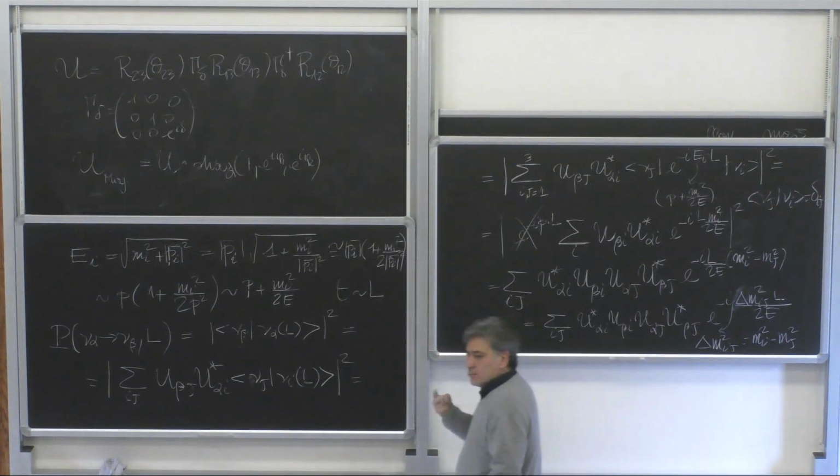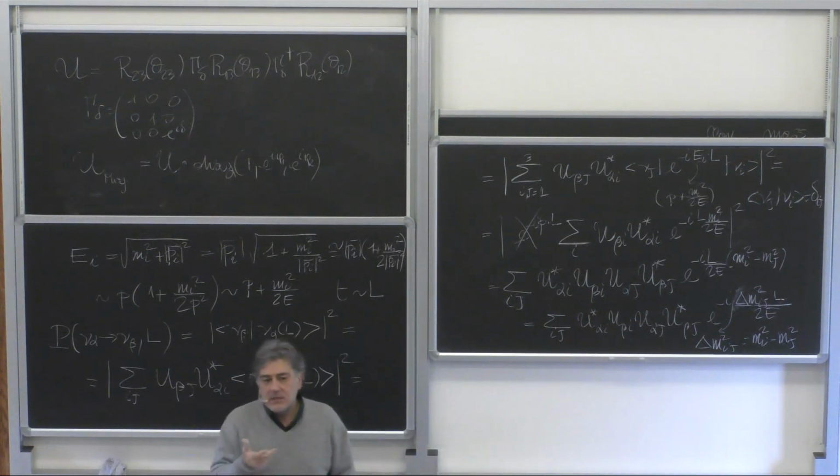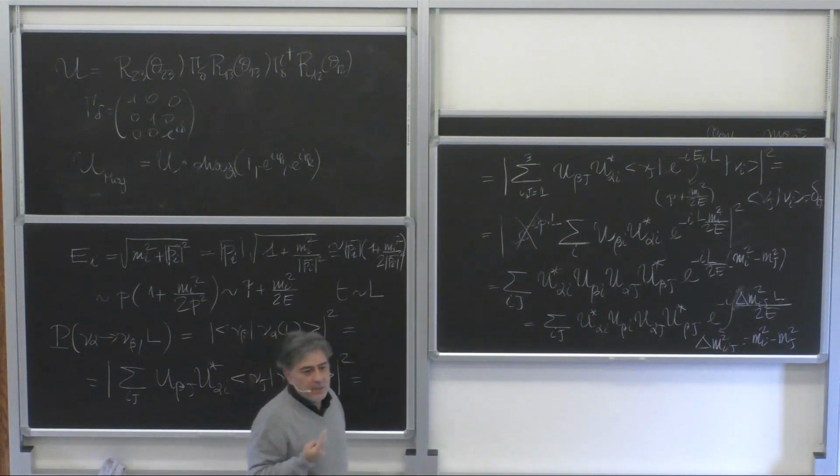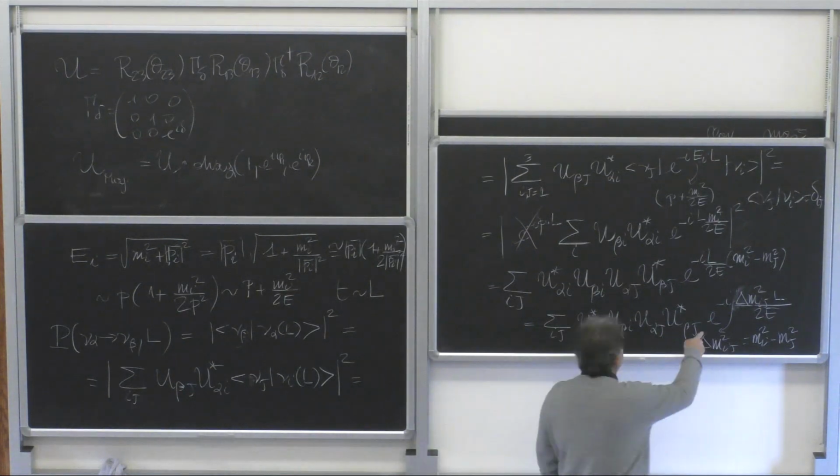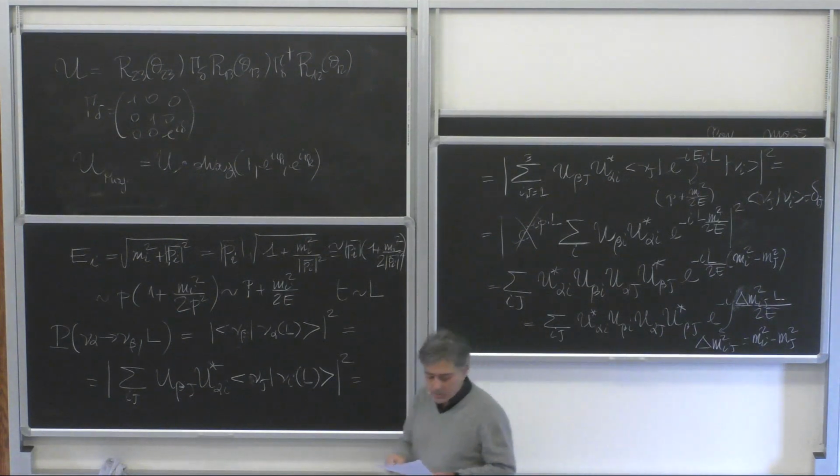So, since we have 3 mass eigenstates, 2 square mass differences are important when we discuss neutrino oscillation probability.